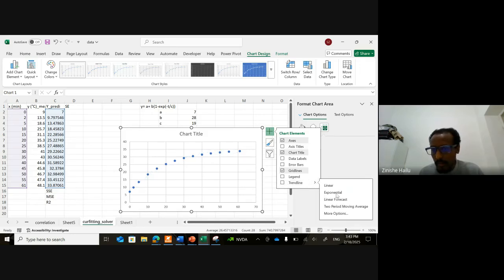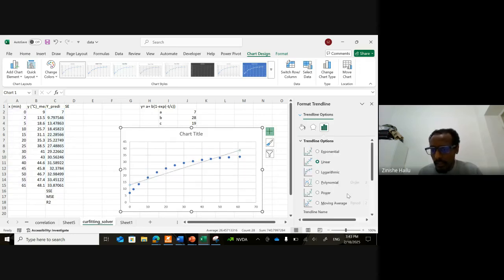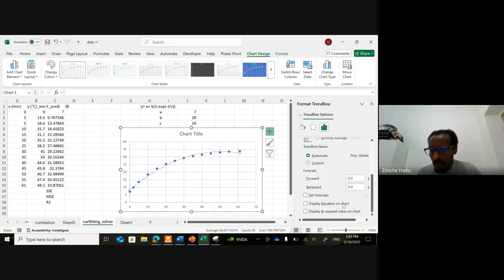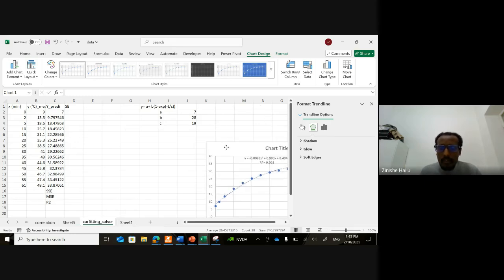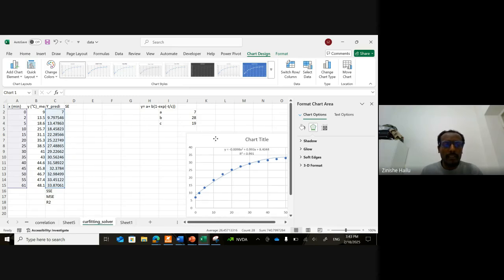So the polynomial, more options, and then I will choose the polynomial. So I will display the equation here. Look, this is the predicted with 0.991 with these parameters. Later we will see how this can be optimized.